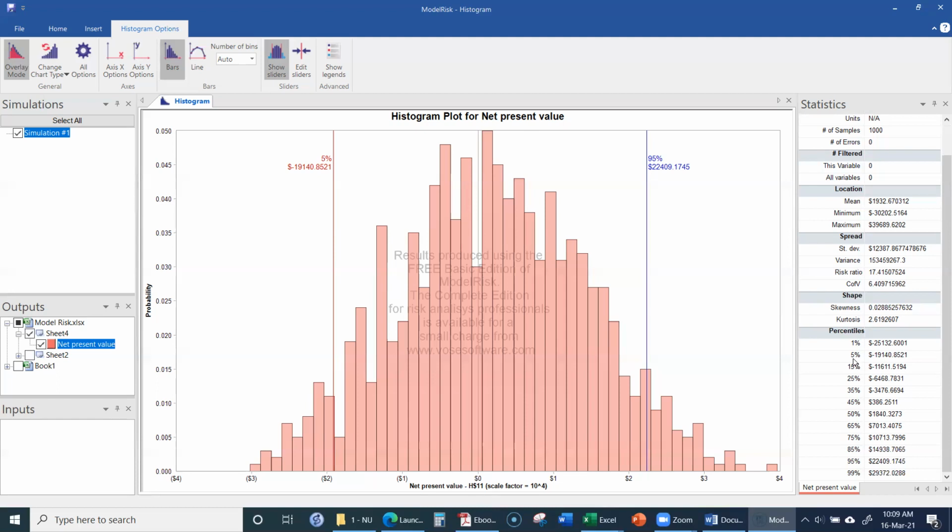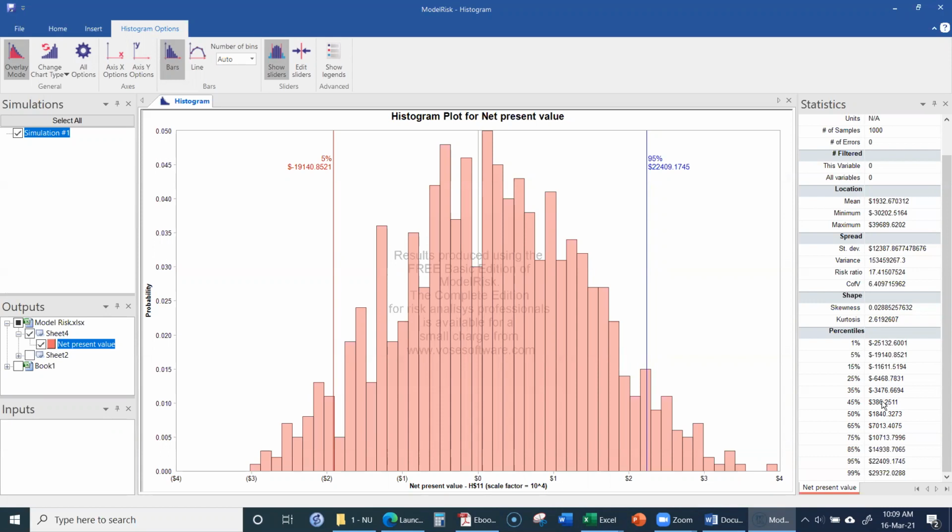There is a 5% chance that the value will be less than minus $19,000. There is a 15% chance the value will be less than minus $11,000. So between 35 and 45%, the value changes from negative to positive.